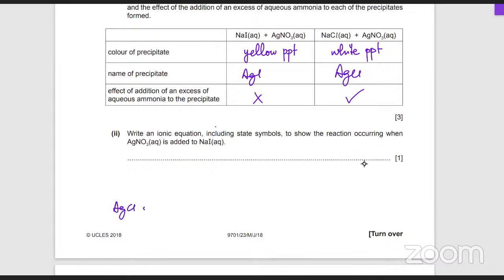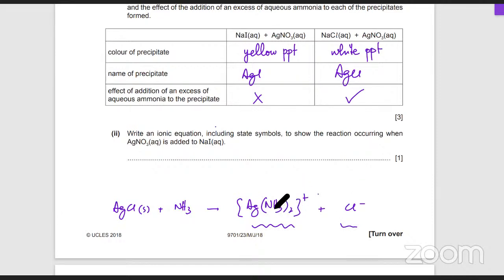AgCl, the solid, dissolves in ammonia. What happens is that the silver ions form a complex, which is also known as Tollens reagent. Tollens reagent का ये formula, ठीक है, that's organic का part है. So basically, the AgCl will ionize. It will form this ion and the Cl minus. So it's important to remember this equation as well.